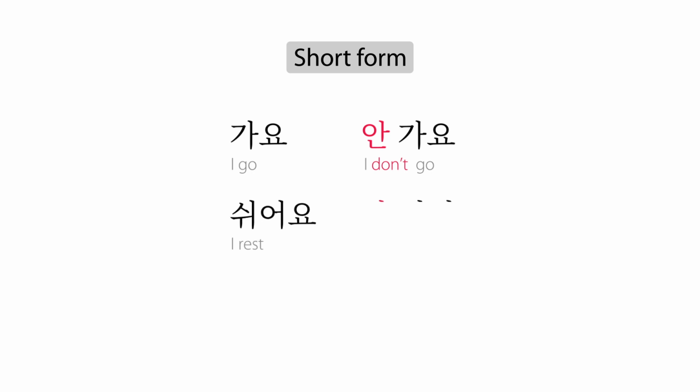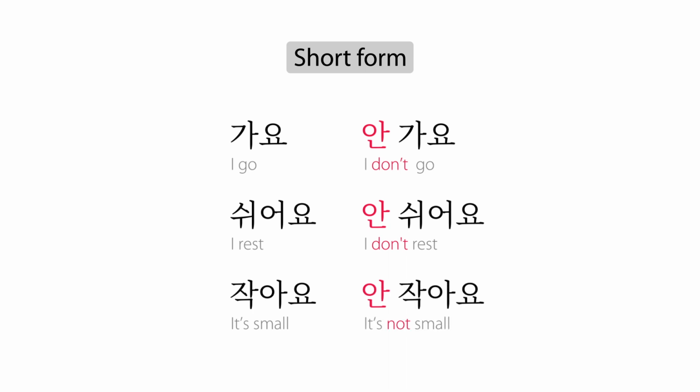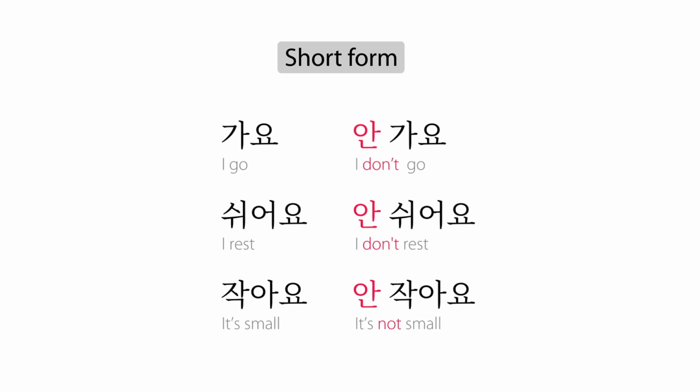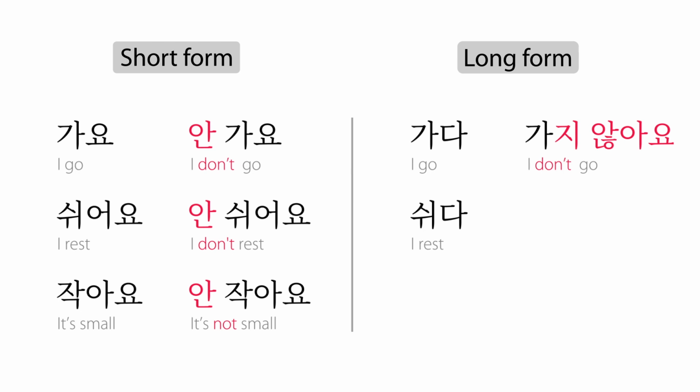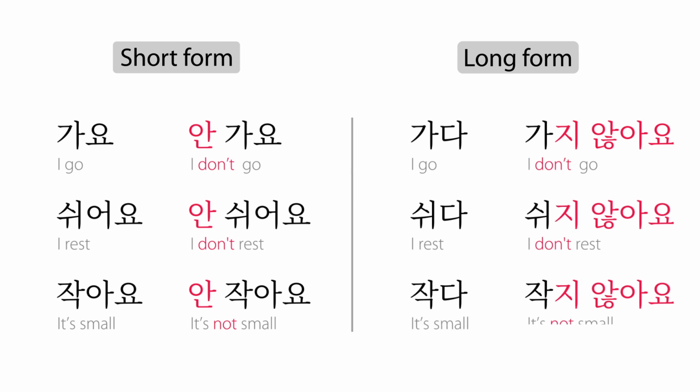Example, 가요. 안 가요. 쉬어요. 안 쉬어요. 작아요. 안 작아요. The long form, remove the 다 at the end of the verb or adjective and add 지 않아요. Example, 가다. 가지 않아요. 쉬다. 쉬지 않아요. 작다. 작지 않아요.